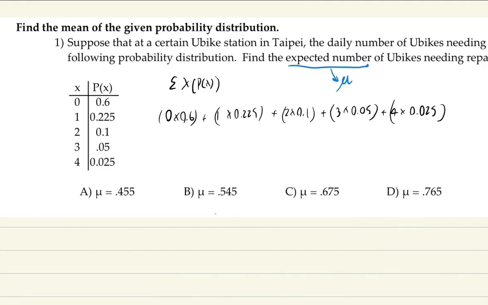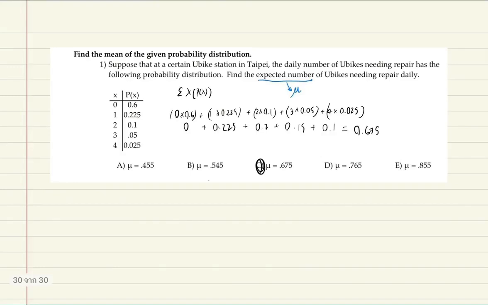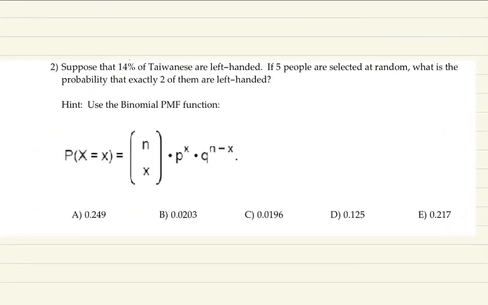That gives 0 plus 0.225 plus 0.2 plus 0.15 plus 0.1, and when we sum it together, it's 0.675. Let's move on to the next one.